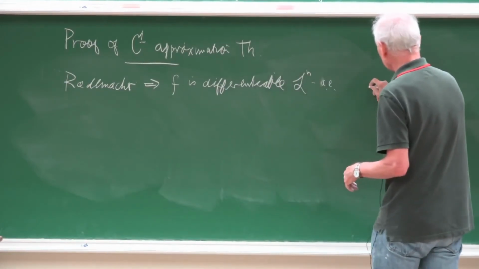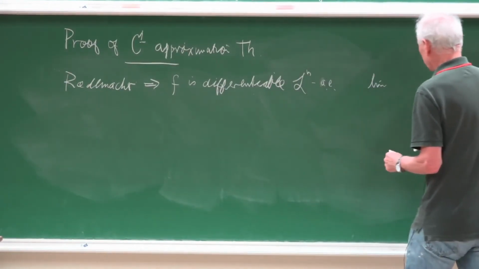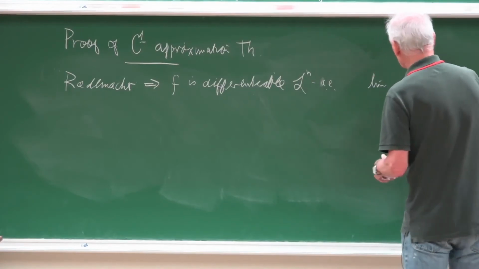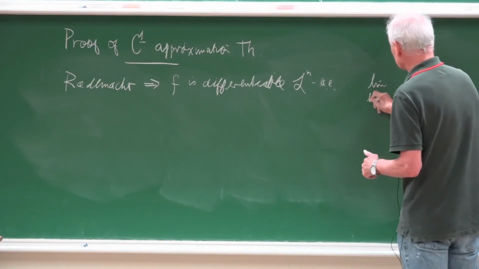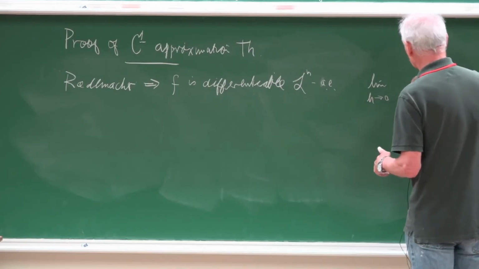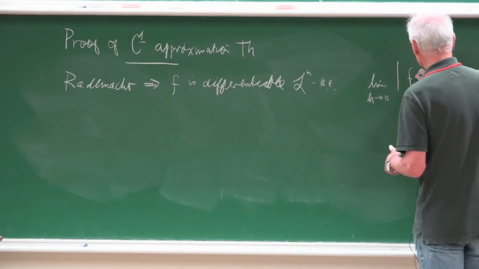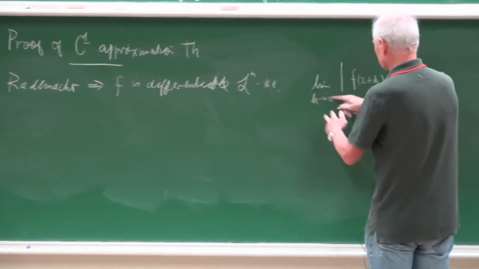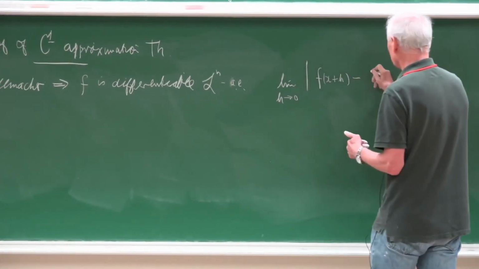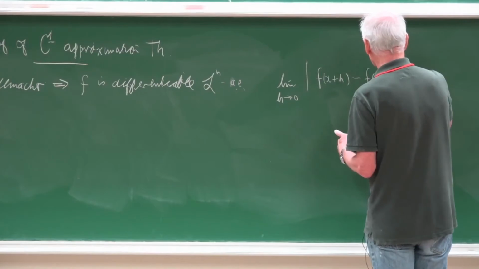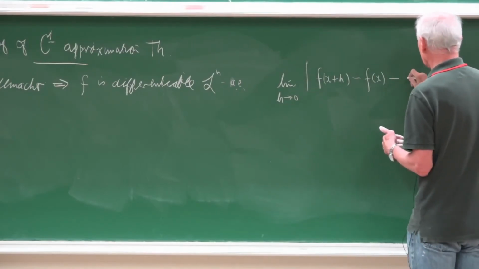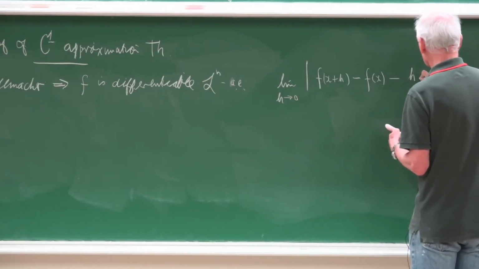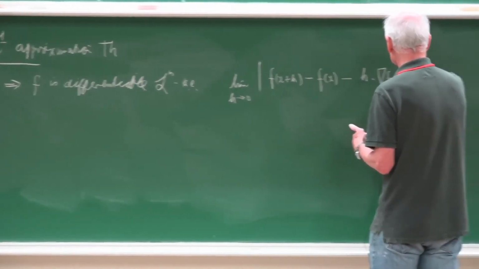So therefore the limit as vector h tends to 0 of f(x plus h) minus f(x) minus h dotted with grad f(x).